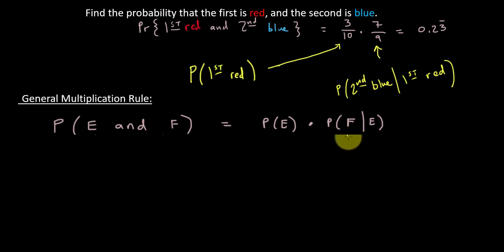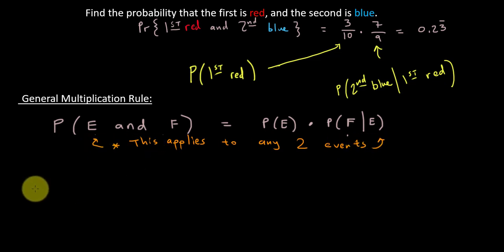You can sort of track back all the bits and pieces here where E was the first marble and F is the second marble is blue. Here, this applies to any two events.